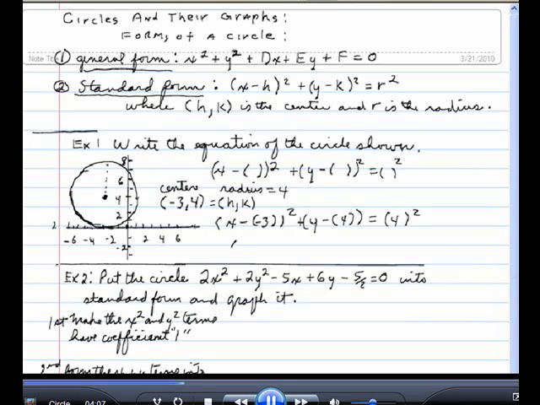And so for my final equation of the circle, I get x plus 3 squared plus y minus 4 squared is equal to 16.